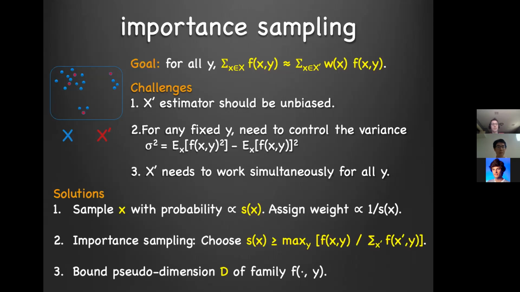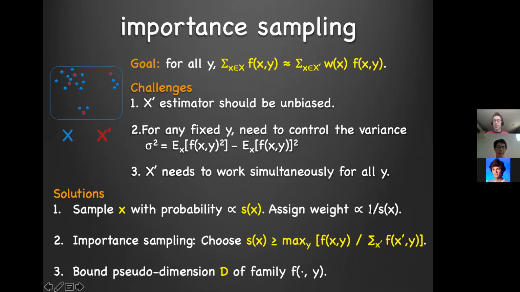And how do we do this? So the first, to make it unbiased, what we do is we choose some probabilities, s of x, which is a measure of how important each point is. So points in very small clusters should be very important, so we make s of x high for those. Points in large clusters are individually not very important.